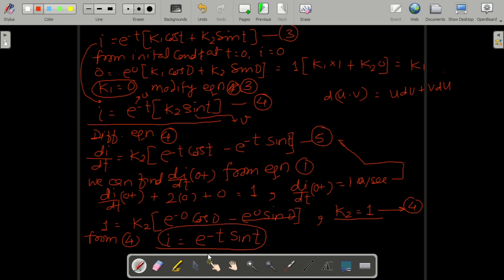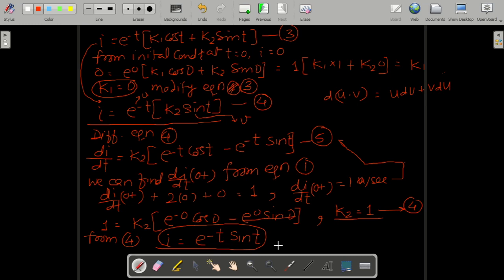That is a solution I am getting, e raised to minus t sin of t, right? So from classical method, you will get the solution I equal to e raised to minus t sin of t. But if you do it by Laplace transform technique, this will give the simple solution.